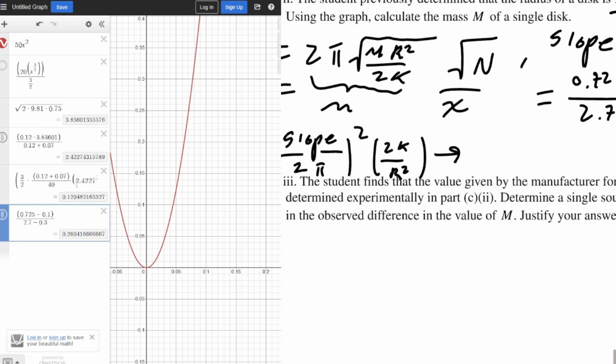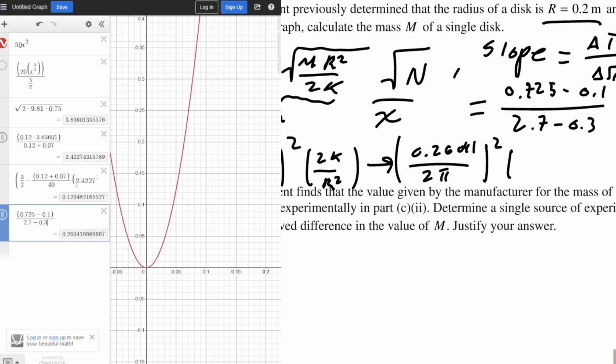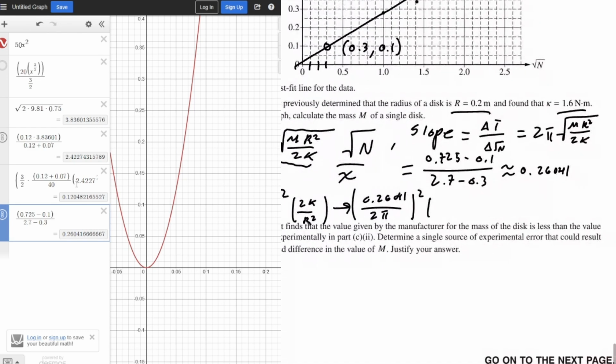And then I'm going to plug in my values, right? So we're going to take, what was our slope? 0.26041 divided by 2 pi. I'm going to square that entire expression. The torsion constant, they gave it to us. It was 1.6 newton meters. 2 times 1.6 divided by, what was r? 0.2. That's going to be squared. We're going to put this in Desmos, and we're going to let Desmos do the heavy lifting for us.